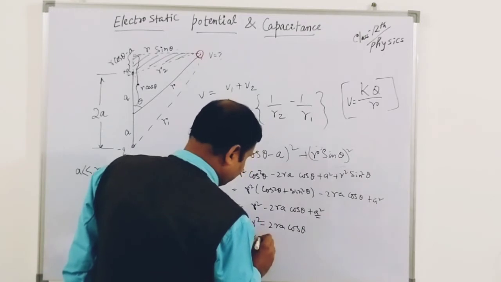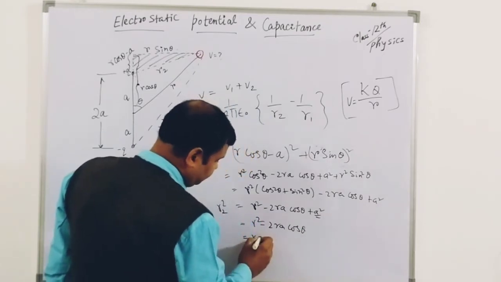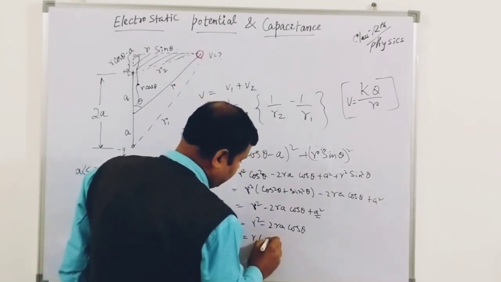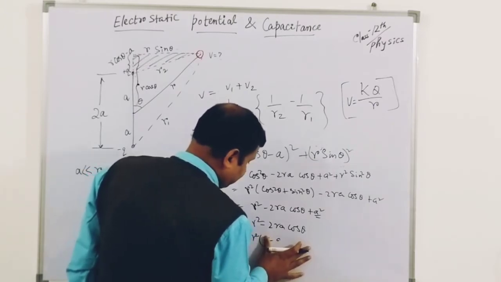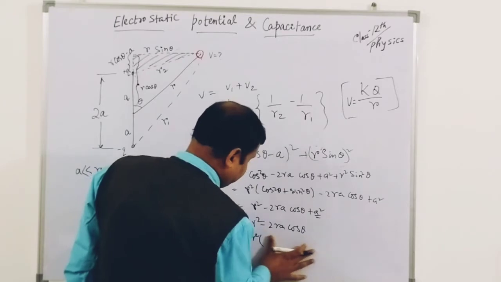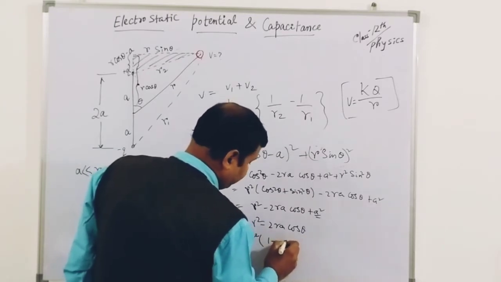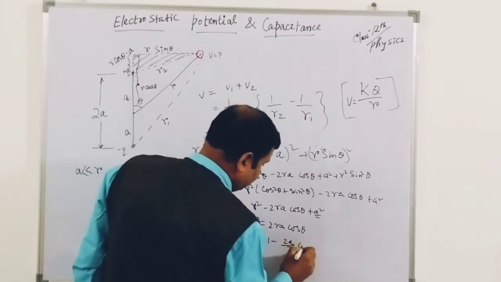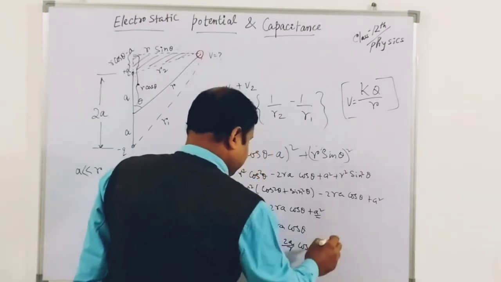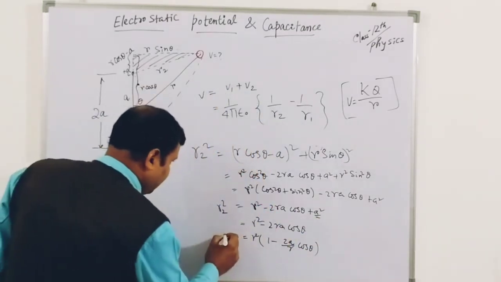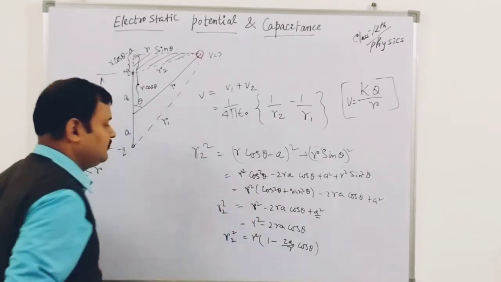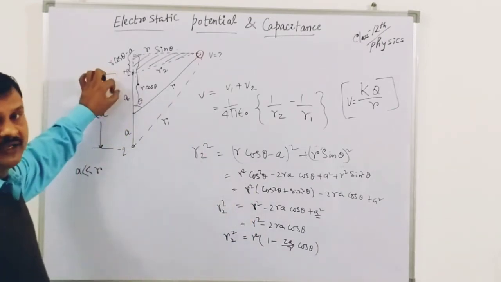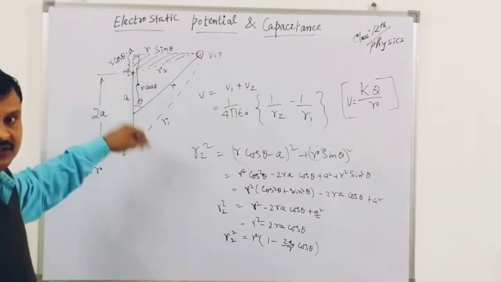Taking r square common, it will be r square times 1 minus 2a by r cos theta. We consider a as nearly zero in terms of r, because the dipole length is of micro or nano scale.